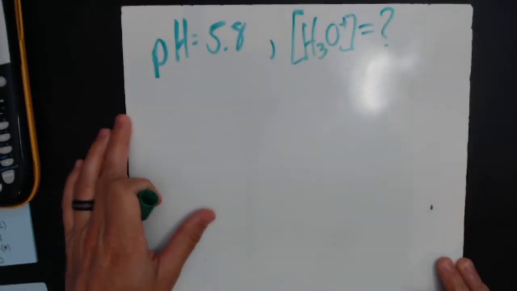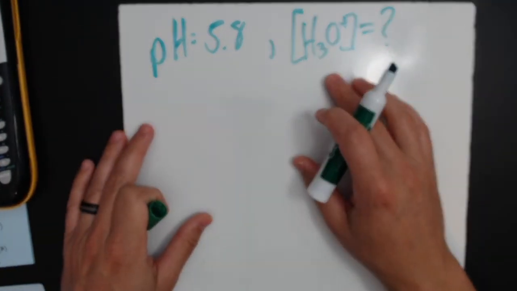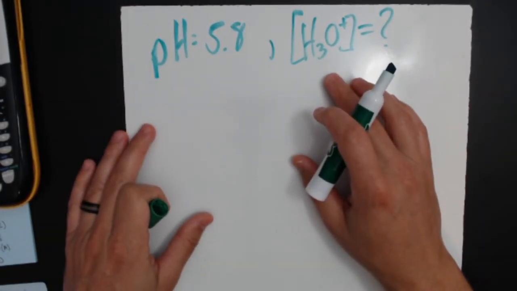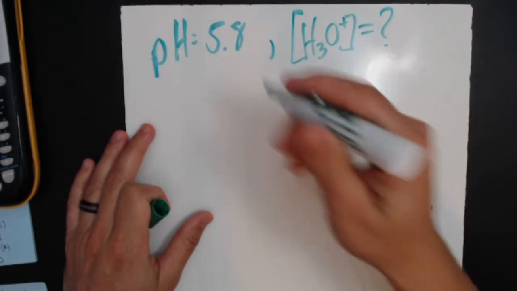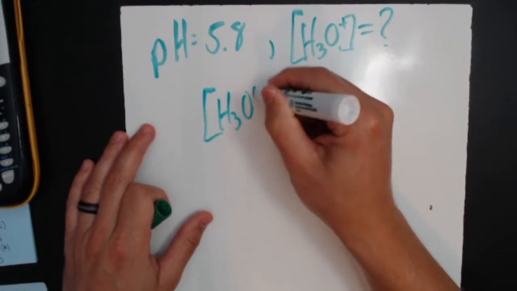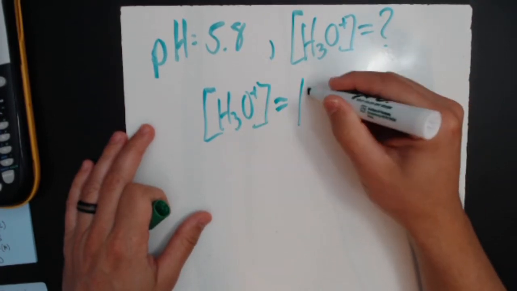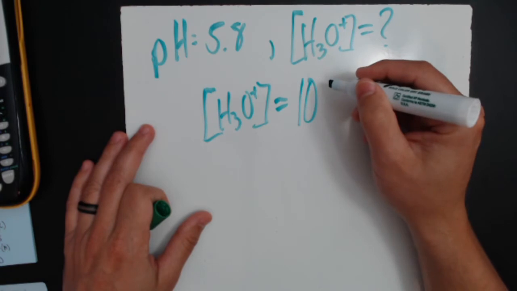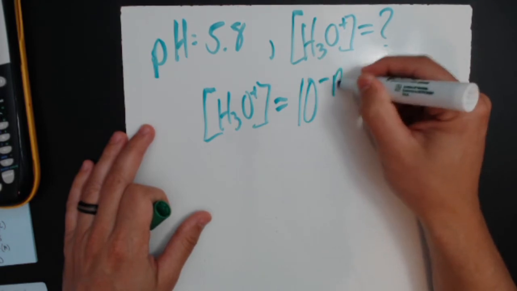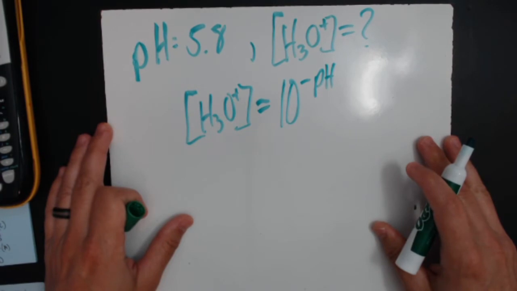Okay, so what are our equations for this? Well, we really only have one. There's actually technically two, but I'm only teaching you one. So the concentration of H3O plus is solved for by doing what I call the anti-log. I don't even know if that's correct to call it that, but that's what I call it. 10 to the negative pH.